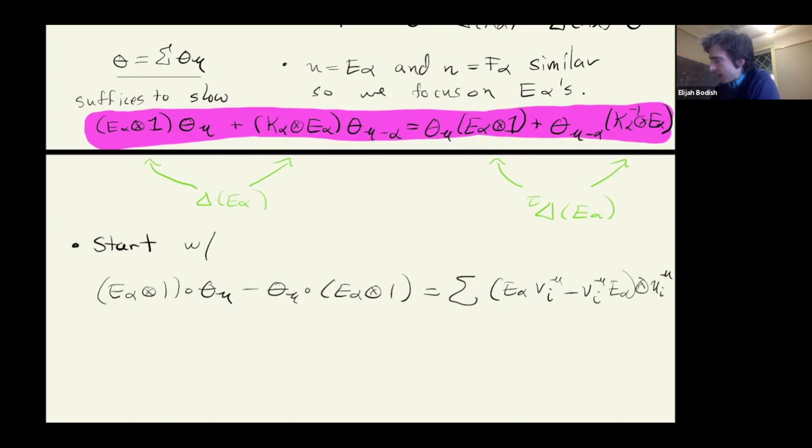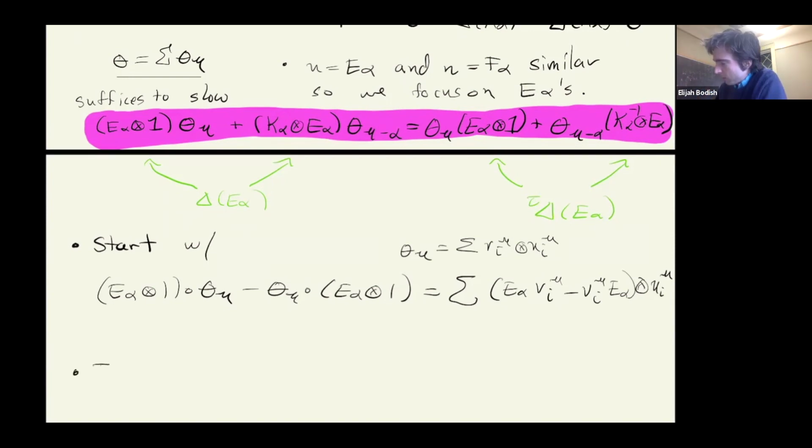So I'm just expanding theta mu as the sum of the VI mu's in U minus and the UI mu's in U plus, summing over these dual basis elements. And then there's some work to do that was basically already done in Arun's talk.